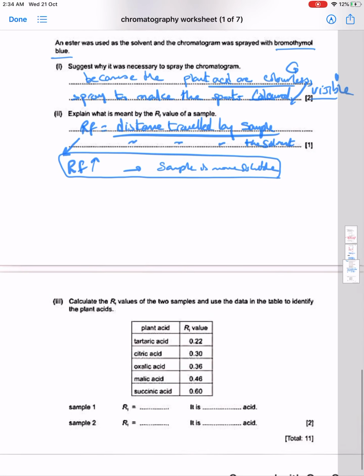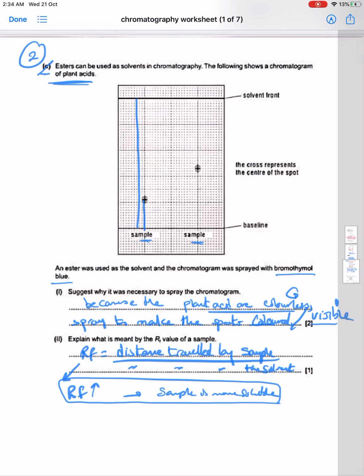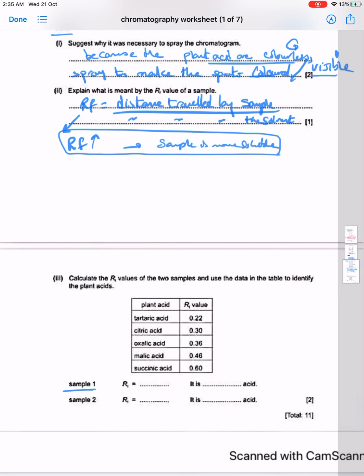Now let's continue to the last part. Calculate the RF value of the two samples and use the data in the table to identify the plant acid. For sample 1, I really need to measure the distance. After we measure the distance traveled by the solute over the distance traveled by the solvent, we will find that the answer is 0.2, which is very close to tartaric acid.